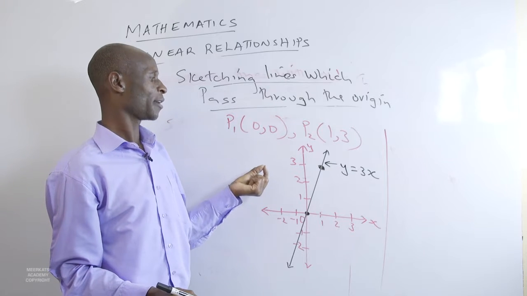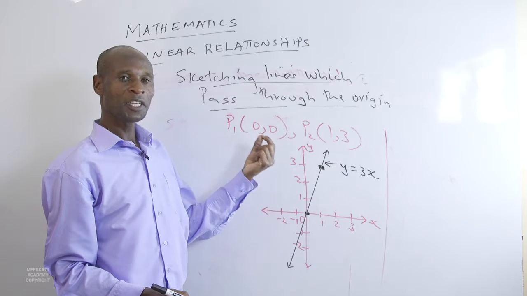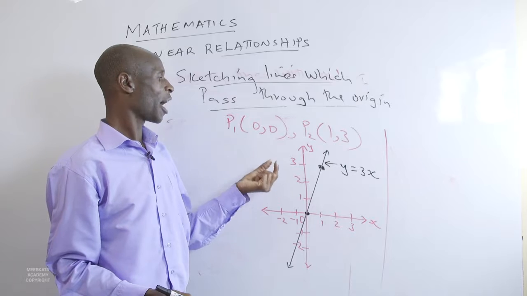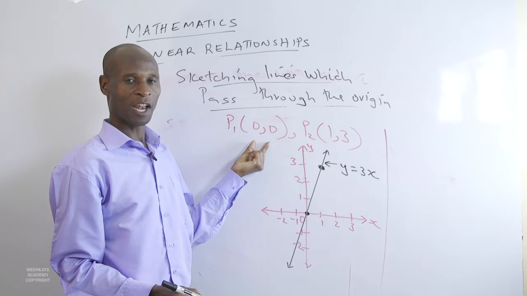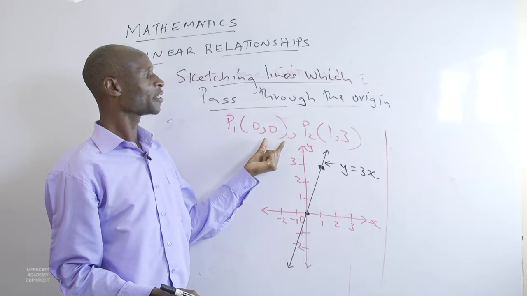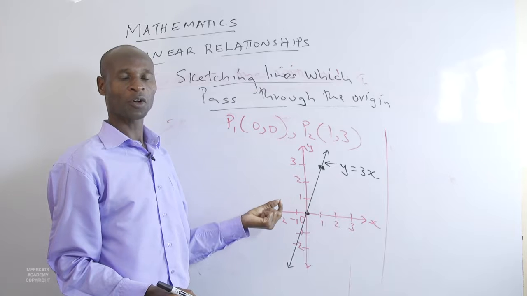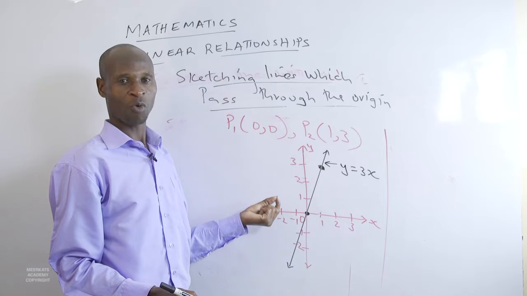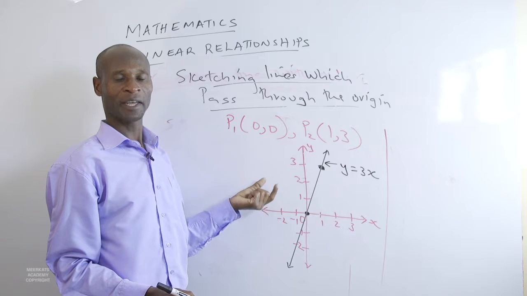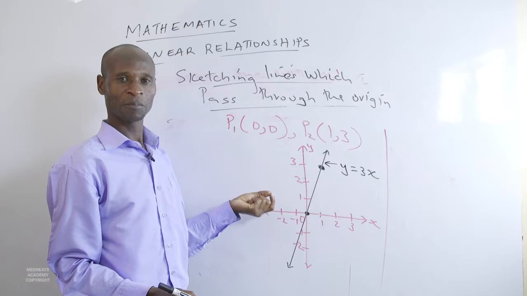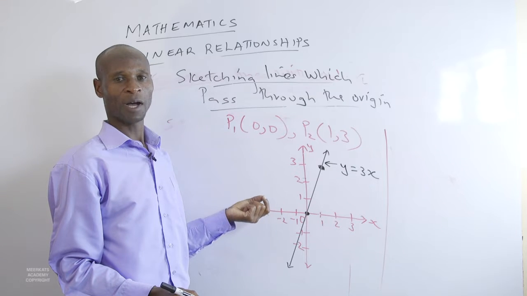That's the point where the axes intersect. You also need to choose another x value other than 0 and substitute in the linear relation to obtain the corresponding value of y. Once you have the 2 points, you go ahead and plot them and finally join the 2 points to form a graph.